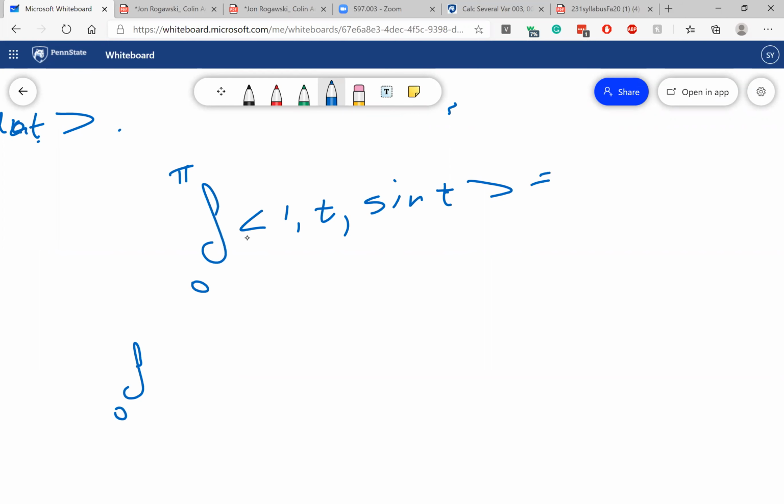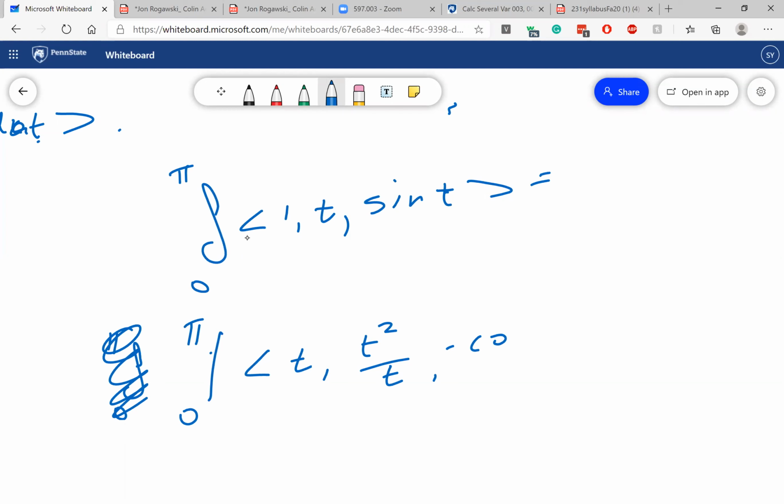So it's the same as the integral from 0 to pi of t, t squared over 2, and negative cosine of t.